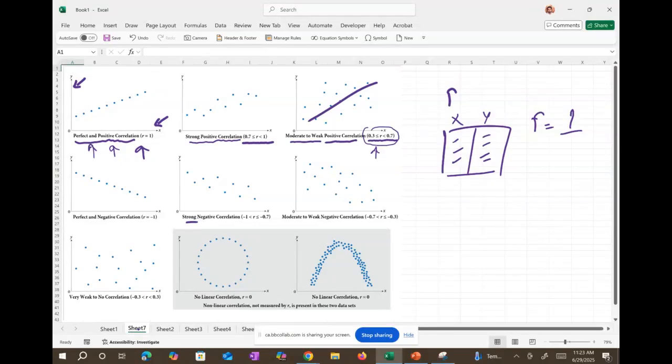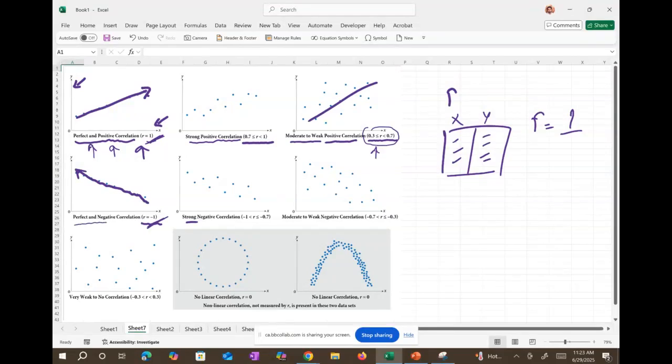And if the r value comes out to be -1, negative means the line will change its direction. Here the line was inclined towards the right, here the line is inclined towards the left. Same process, only difference is the r value was +1, here the r value is -1.